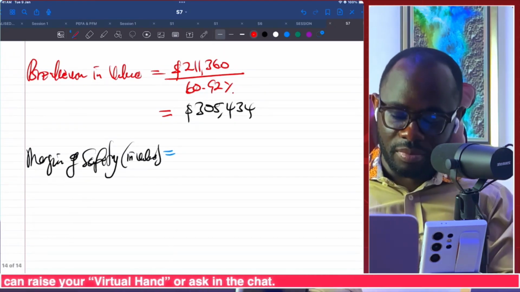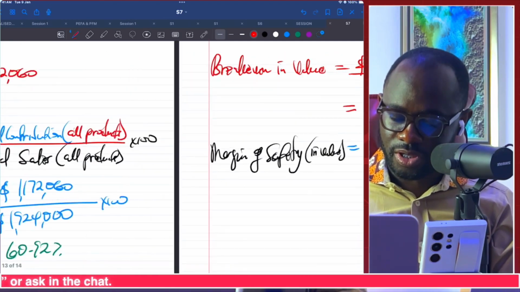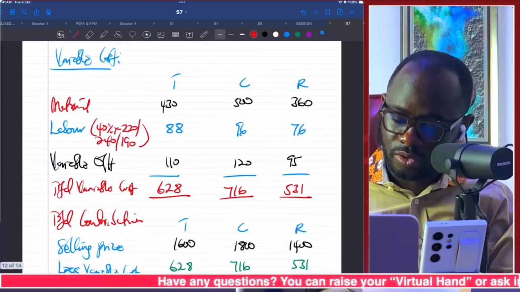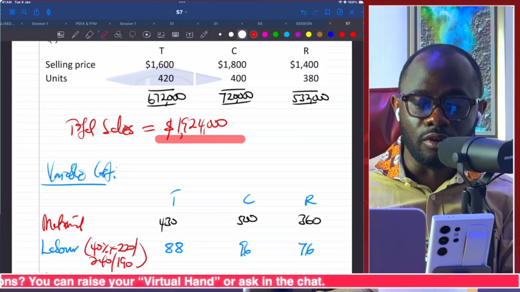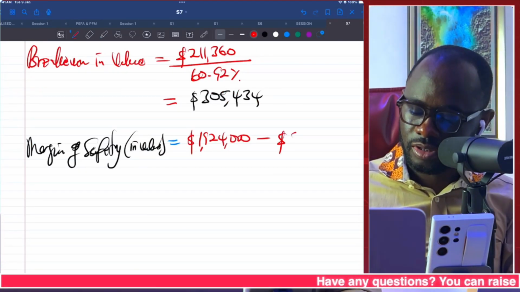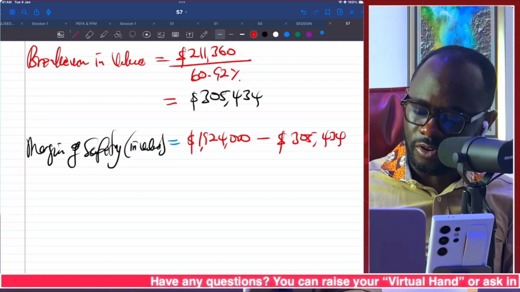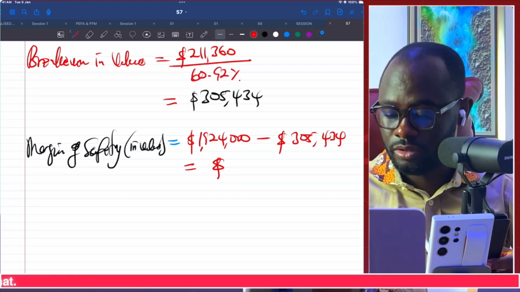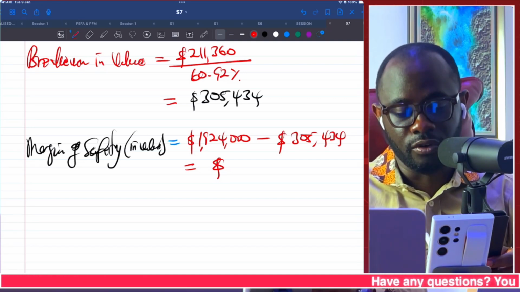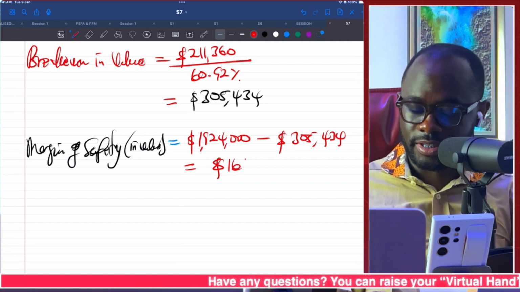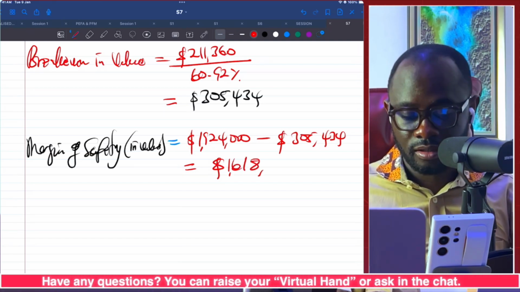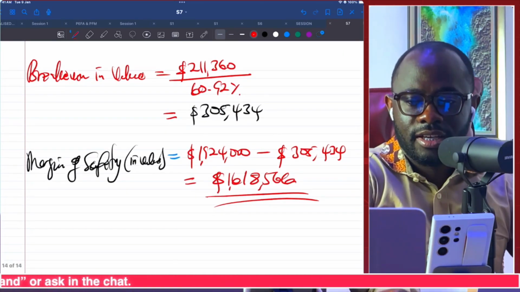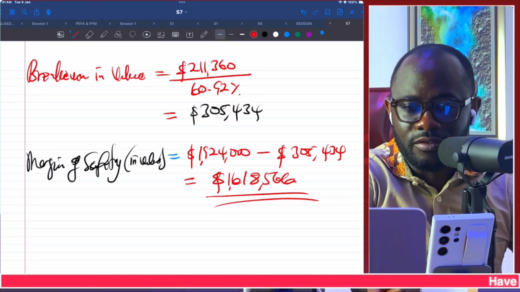So our budgeted sales, which is the same as our total sales that we calculated earlier, total sales, 1,924,000 minus 305,434. 1,924,000 minus 305,434 is 1,618,566. So that is the calculation of the margin of safety.